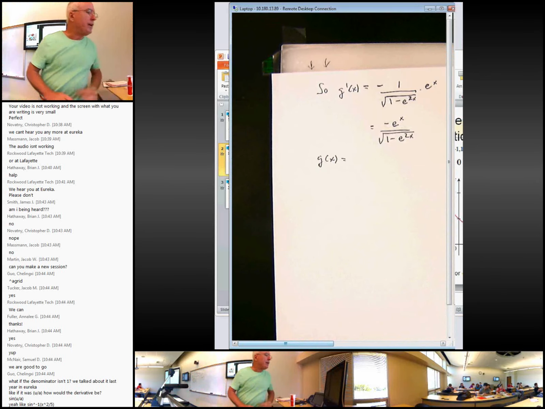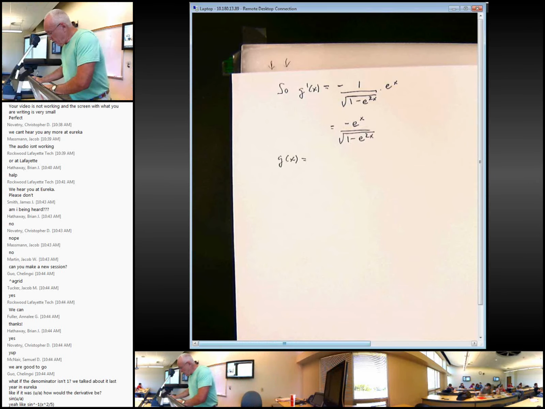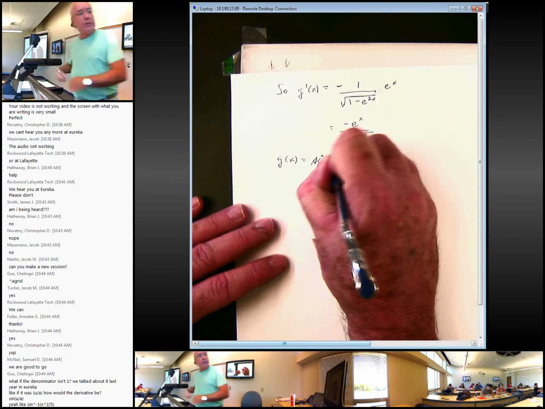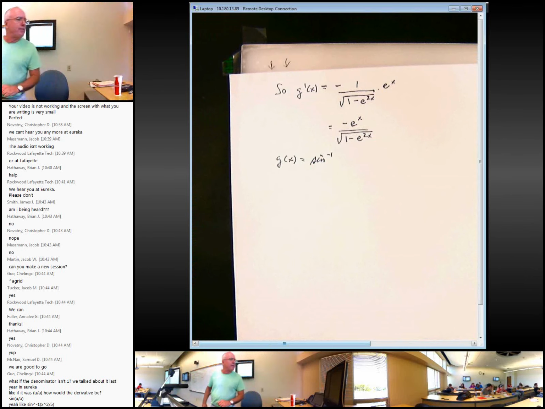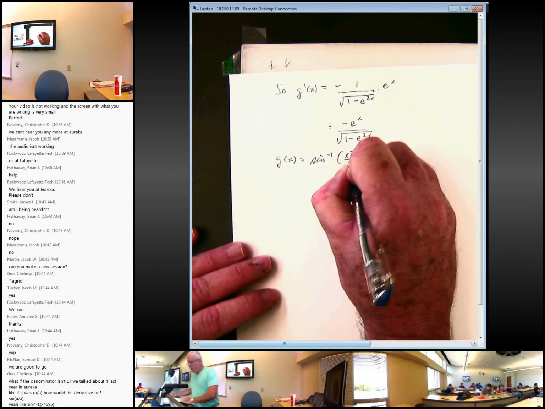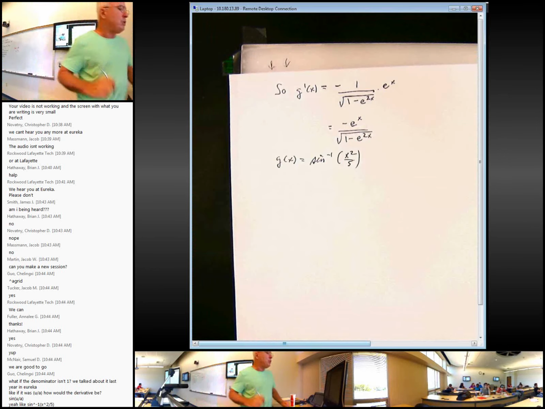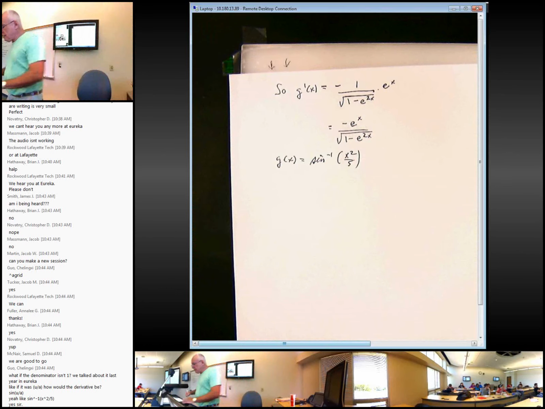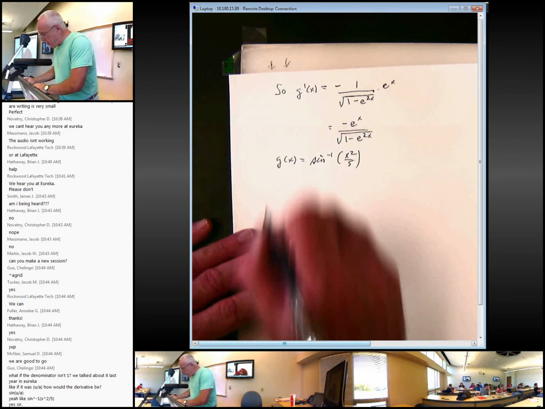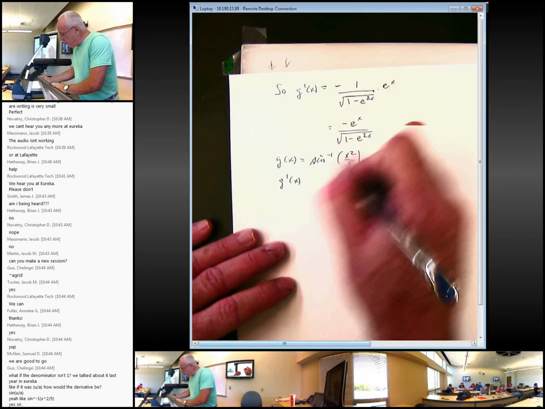Okay, g of x is equal to sine inverse of x squared over 5. Is that what you want me to look at? Okay. All right, so we're going to get the g prime. This is our u function right here.